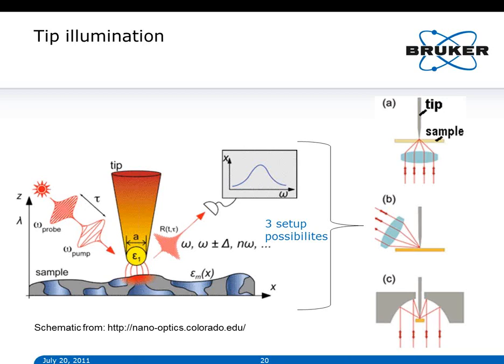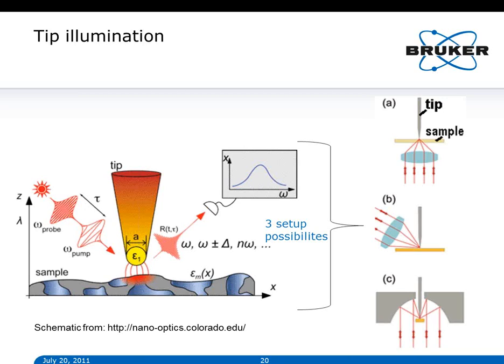So now how can you set up an experiment like that? Basically you have three possibilities. Number A is maybe the most obvious, that is the transmissive configuration, where you have your tip coming from the top, you have your sample, and you illuminate the tip from the bottom. That of course requires a transparent sample.